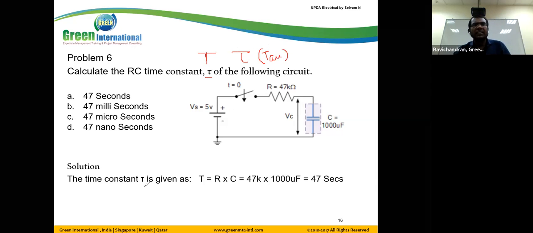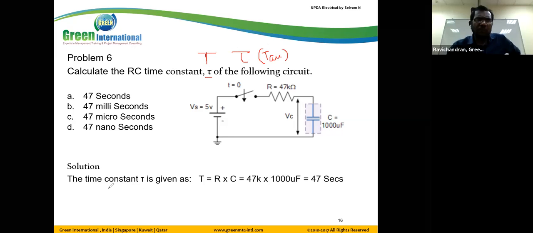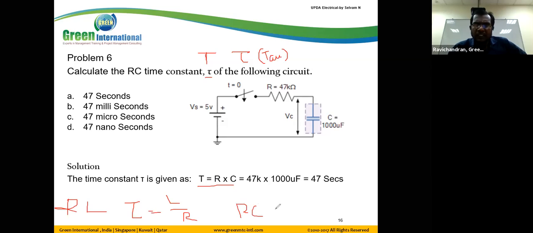So the formula for the time constant: for an RL circuit, tau is equal to L by R. For an RC circuit, tau is equal to RC. So just remember this formula.